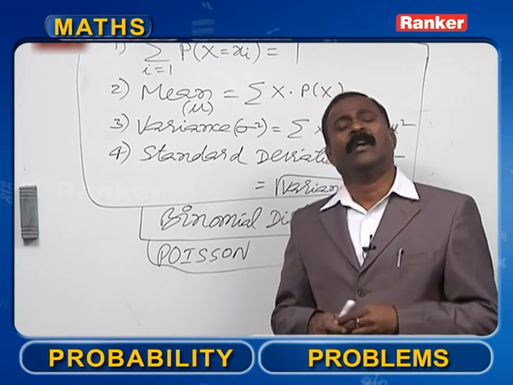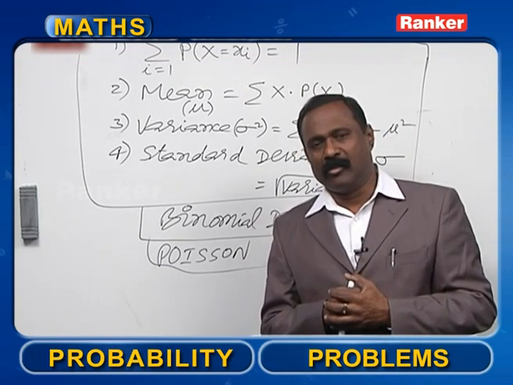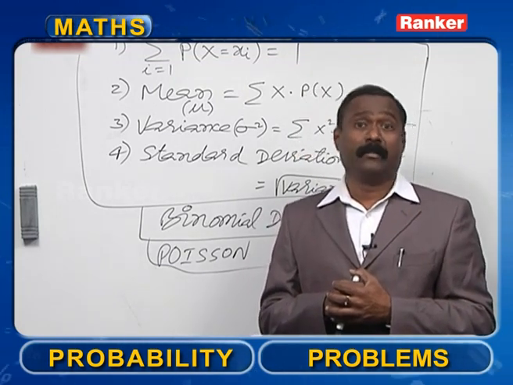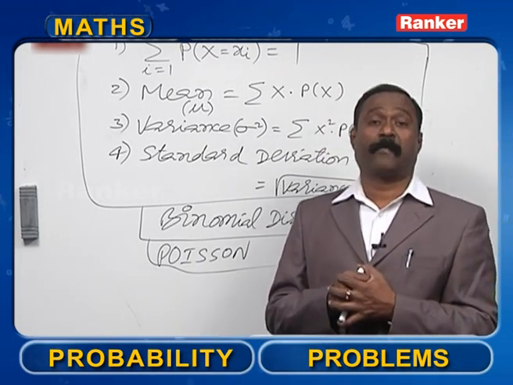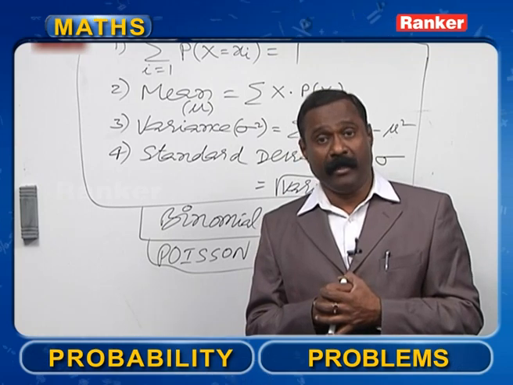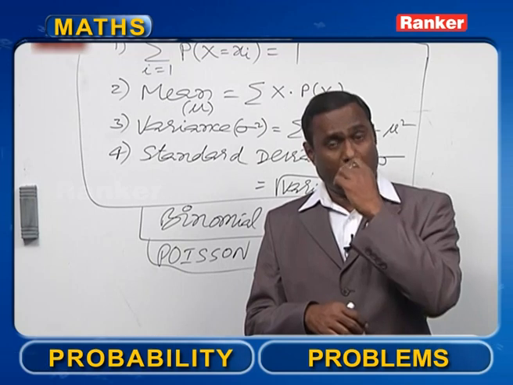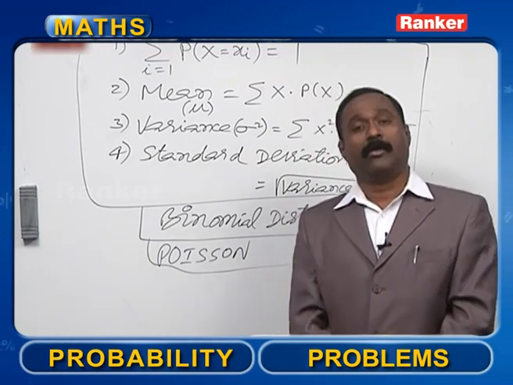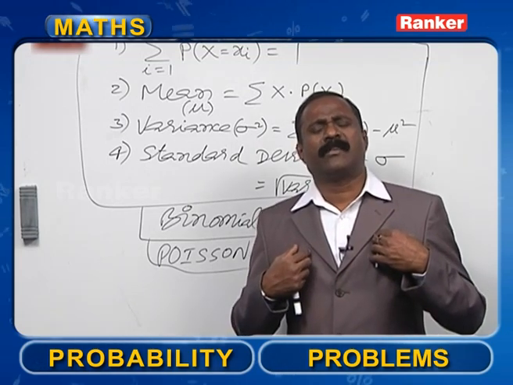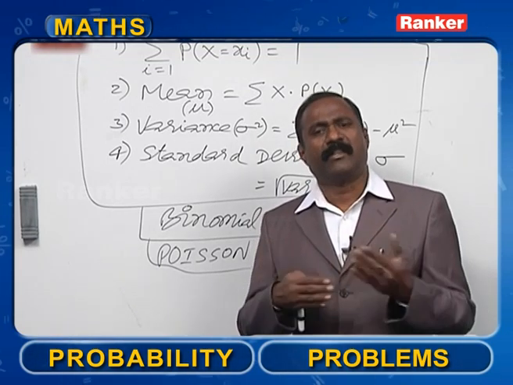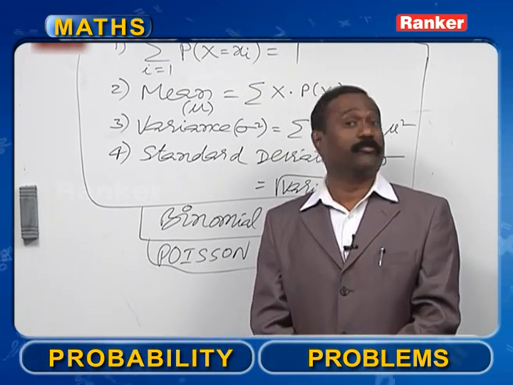For the binomial distribution, you have taken a die and thrown it 20 times, and you need the probability of getting number 3. I have thrown the die 20 times, and I am interested in getting number 3, let me say, 7 times in 20.